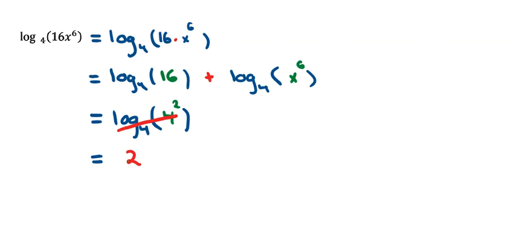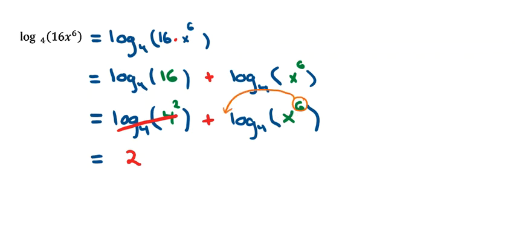As for the second logarithm, it's pretty clear that we still have a power inside of the argument. In particular, a power of 6 that's on that x. By another property of logarithms, in particular the power property, what we're allowed to do is take this 6 and write it as a factor.